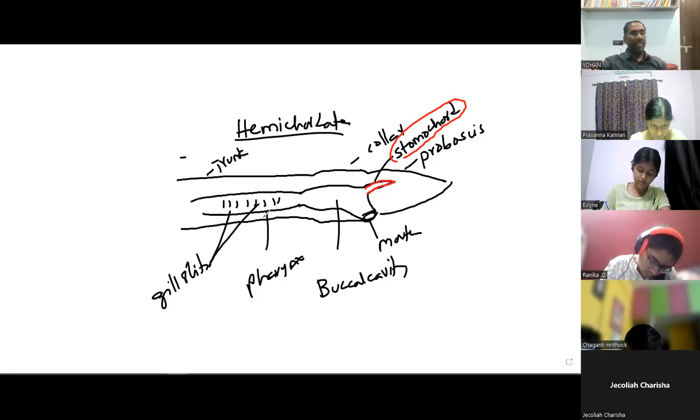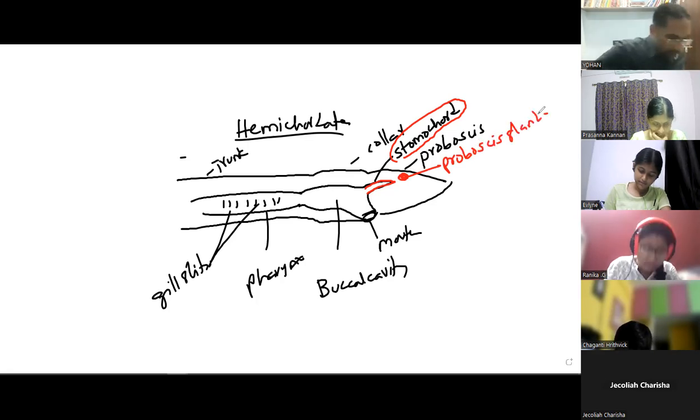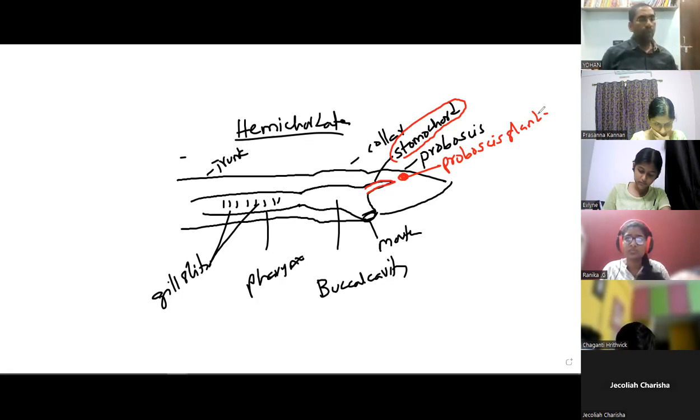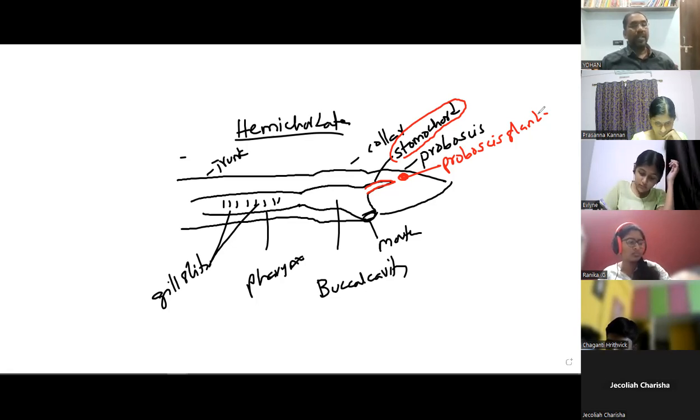Respiration is by gills, found in gill slits. Excretion is by a special gland found in the proboscis. This is called proboscis gland.